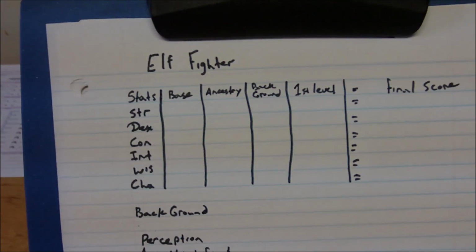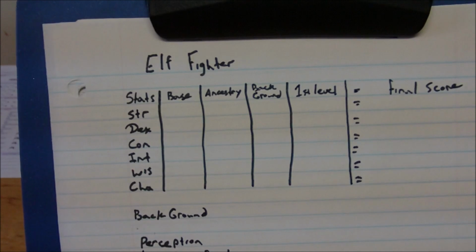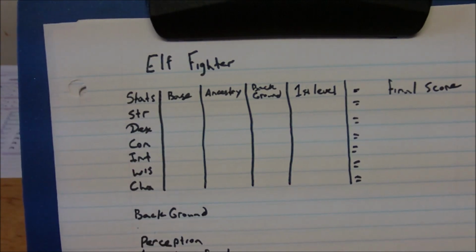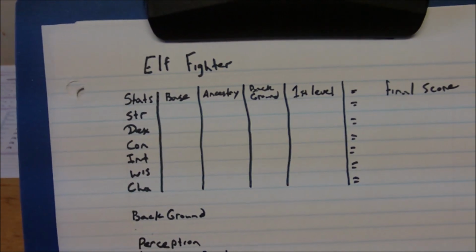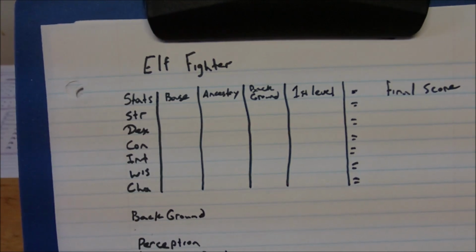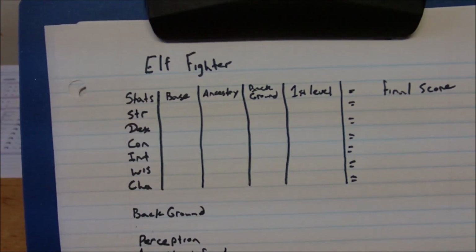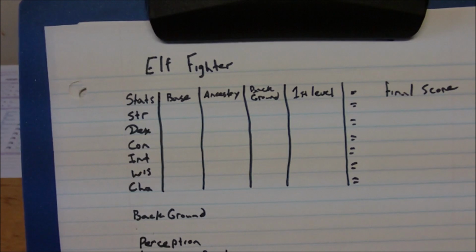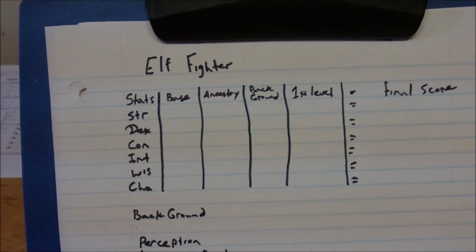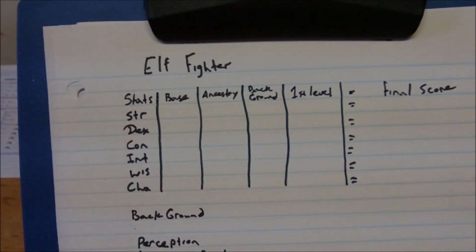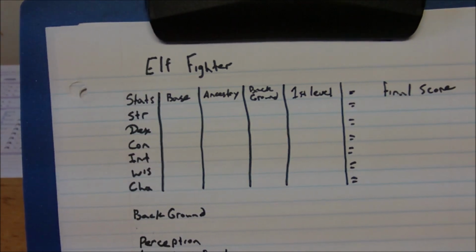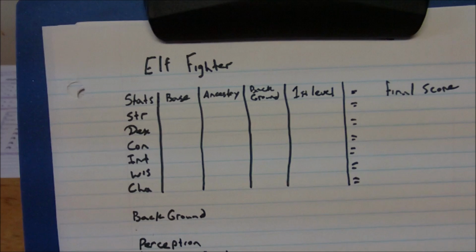Anything from 10, which is the starting number, up to 18, each boost is considered to be worth 2 in terms of an increase in your stat. Once you reach 18, however, each boost that you put into it will only increase the number by 1. So if I had 18 and then at 5th level I put a boost into that stat, it would only go from 18 to 19 and not 18 to 20.